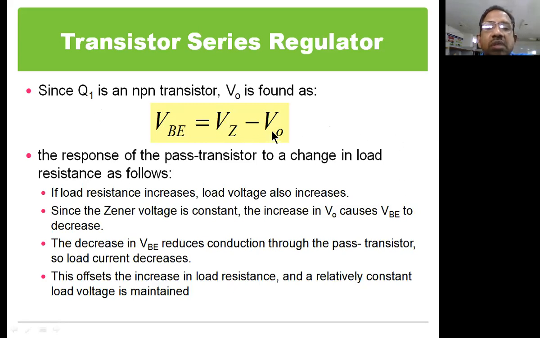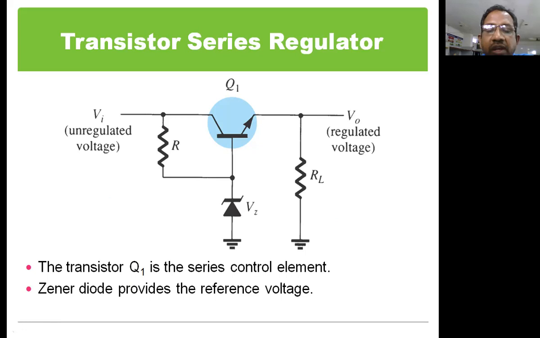So V0 plus VBE is equal to VZ is the equation we have got from the earlier diagram. The polarities are very important. Polarities play a vital role in KVL equations.